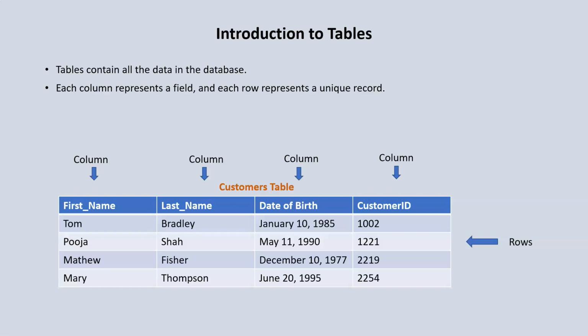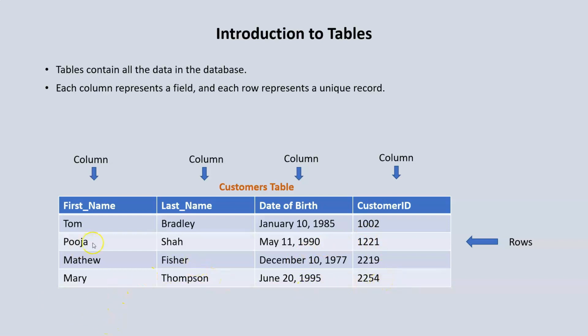So we have this row that belongs to Tom Bradley, date of birth January 10, 1995, with a customer ID of 1002. So the information we have in this row is unique to Tom Bradley. We can go down the list. We have Pooja Shah, May 11, 1990, with a customer ID of 1221. We have Mary Thompson, June 20, 1995, with a customer ID of 2254.